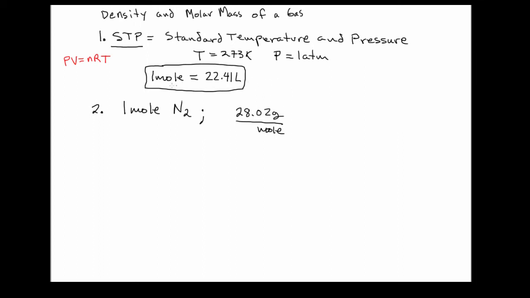Now I want you to think about this concept for a minute, because we literally have two kinds of molar concepts on the screen. In this situation, where I've defined the volume of 1 mole of gas at STP, this is what we call molar volume. So this is literally the volume of 1 mole of gas.